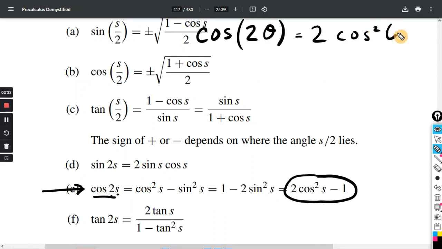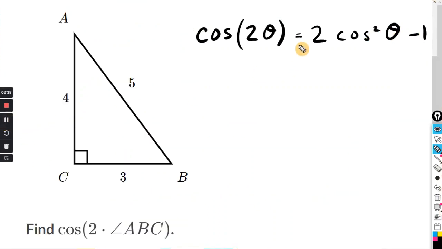I just used the formula. So we have 2, and cosine squared of theta is basically the same as the cosine of theta squared, and minus 1.